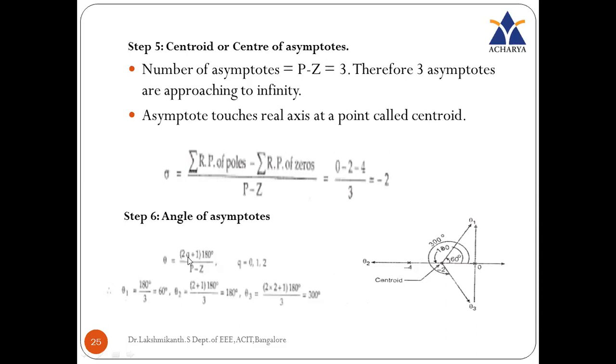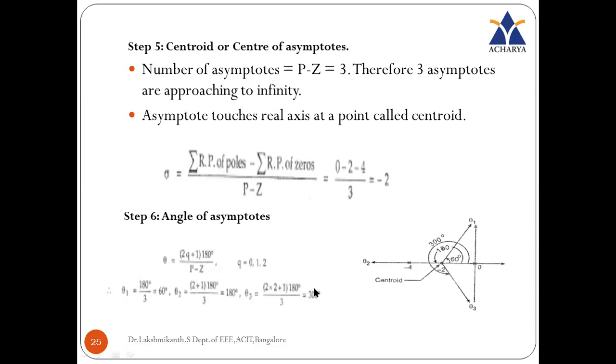When I substitute the value of q as 0, you get 180 by 3, so 60 degrees. When I substitute q as 1, I get 3 into 180 divided by 3, so 180 degrees. Theta 3 is 2 into 2, 4, plus 1, 5. 5 into 180 divided by 3 gives me 300 degrees.